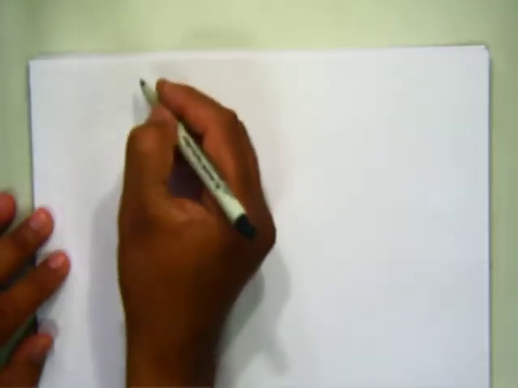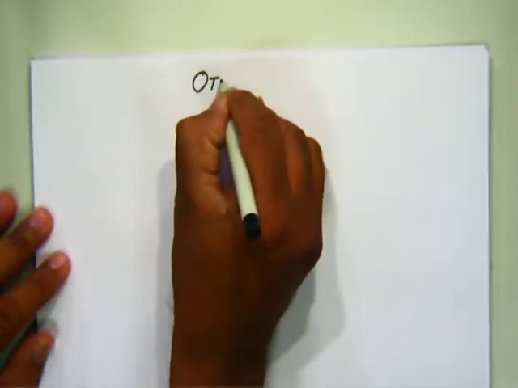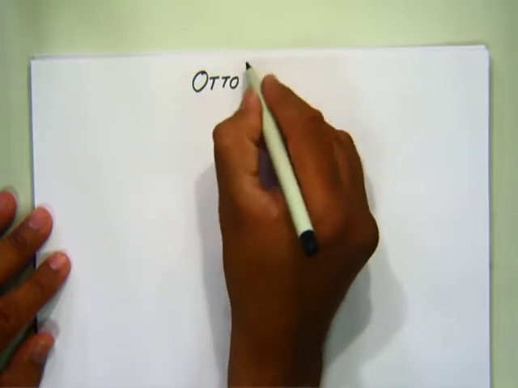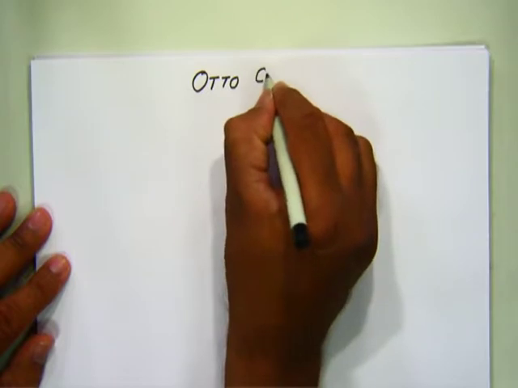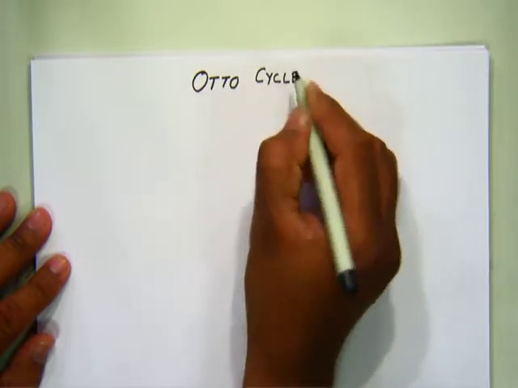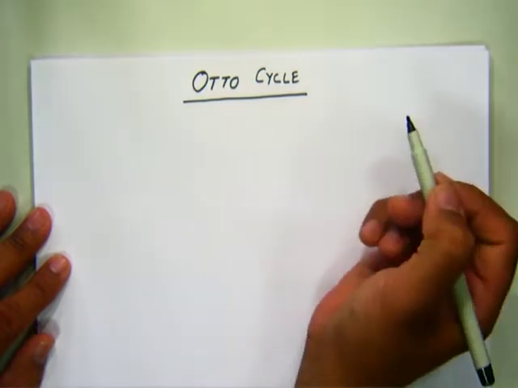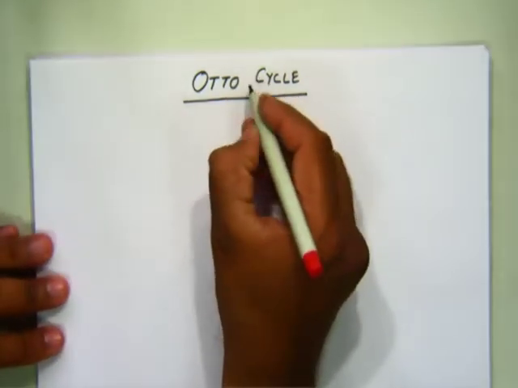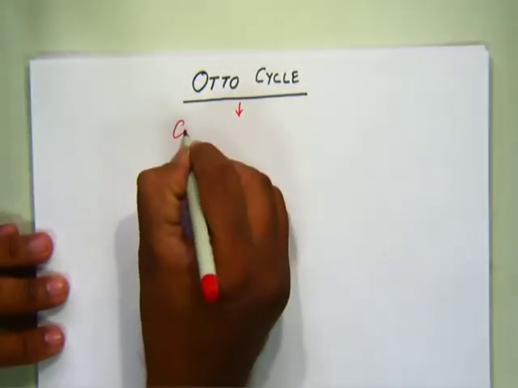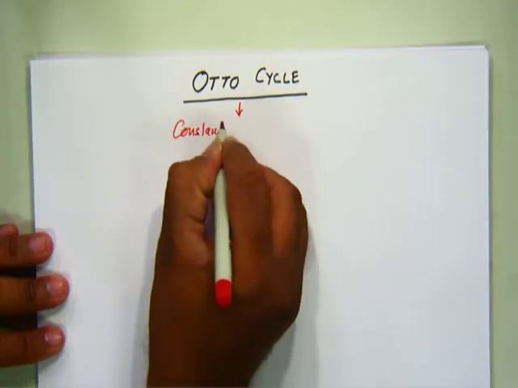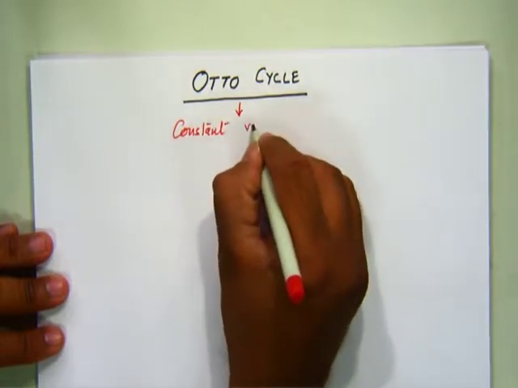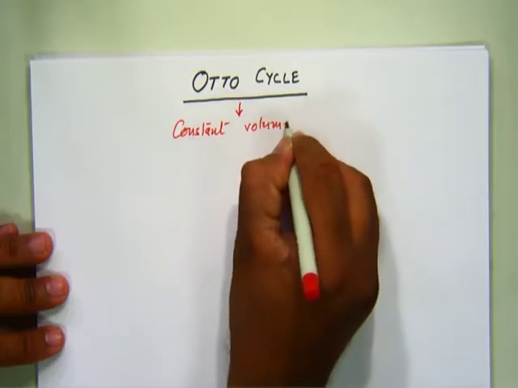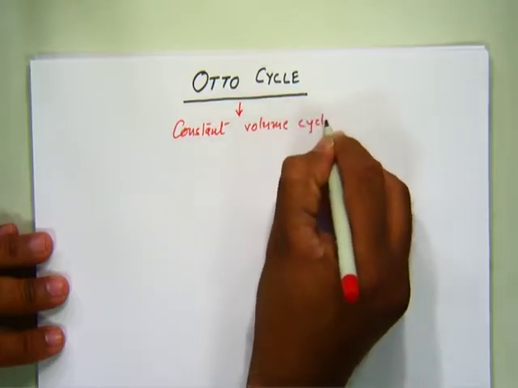That is Otto cycle. Otto cycle is what kind of cycle? It is a constant volume cycle.